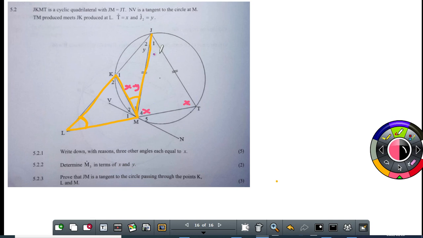Obviously, this angle here is going to be 180 degrees minus 2x, based on the sum of angles in a triangle. So, I'm going to use that. If I add x plus y plus this 180 minus 2x, I'll get this. Do you see that? How many of you did the question? Just be honest. Raise your hand if you did the question.